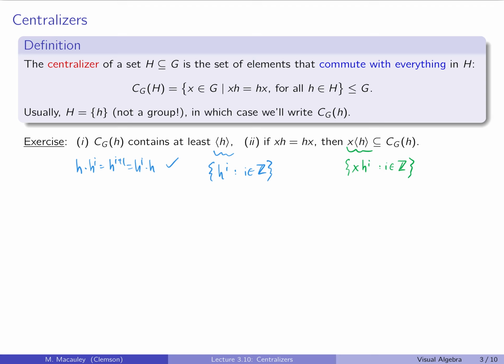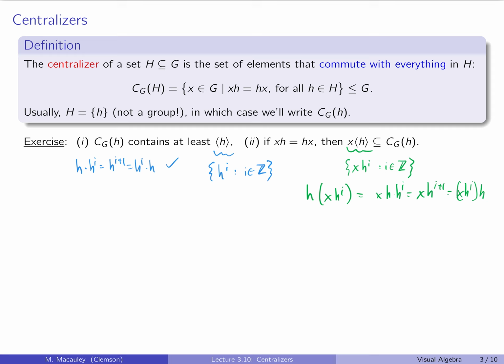So if x is in the centralizer, then this entire coset is in the centralizer because h times x h^i is x times h times h^i, which is, you see how this goes, right? x times h^(i+1). And then you can write this as x h^i times h. And that's it.